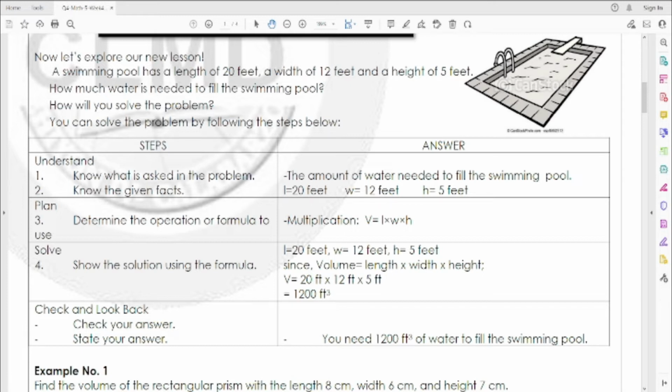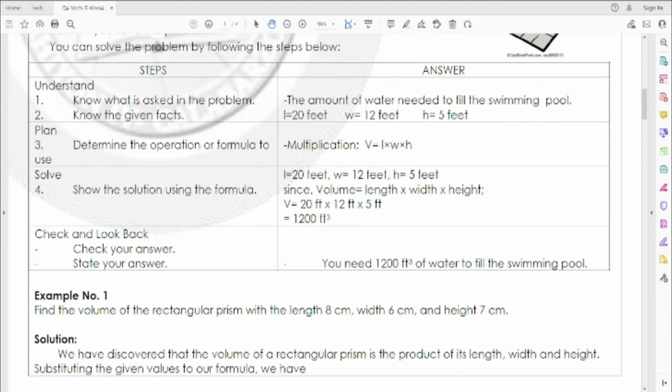Then the next step under solve is show the solution using the formula. Like what I have said before, length is 20 feet, width 12 feet, height is 5 feet. Since volume is equal to length times width times height, volume is equal to 20 feet times 12 feet times 5 feet, and the result is 1,200 cubic feet.